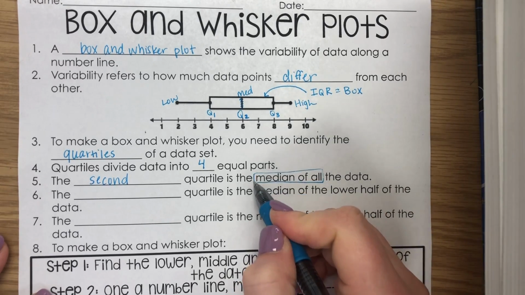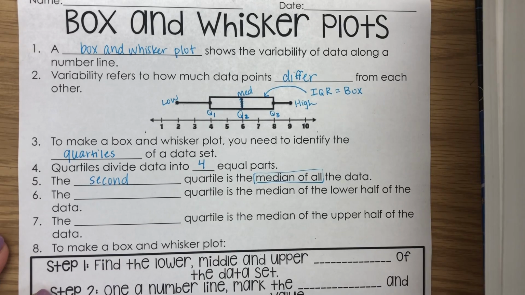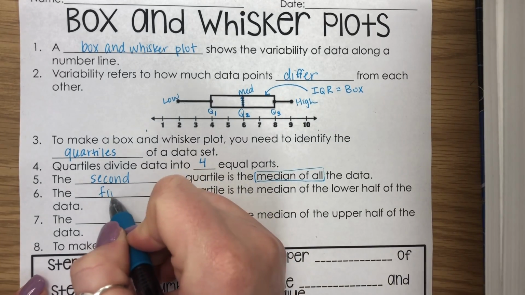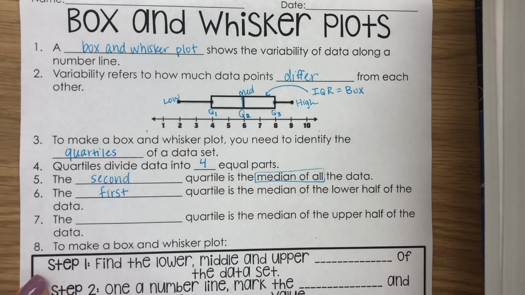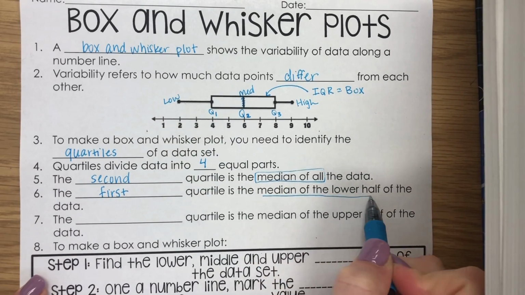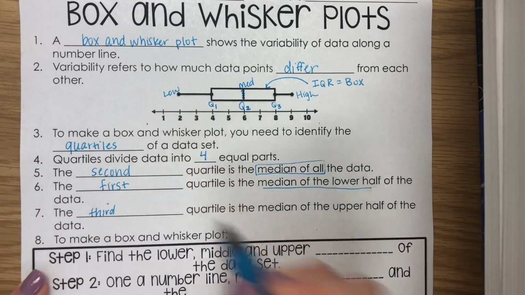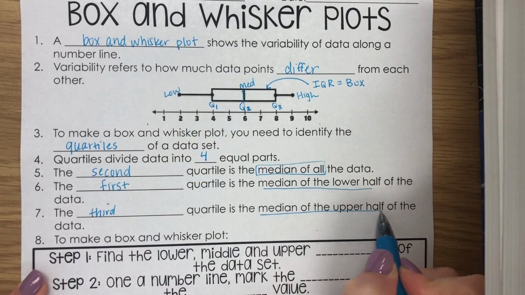We remember that from yesterday. And then the first quartile is the median of the lower half. And the third quartile is the median of the upper half.